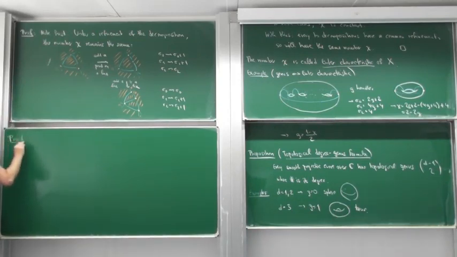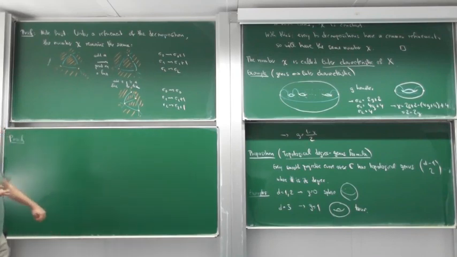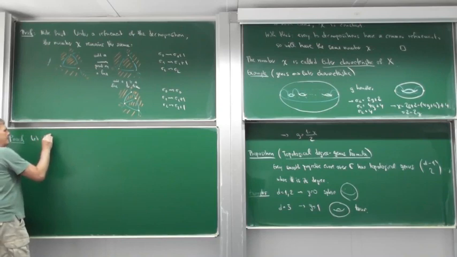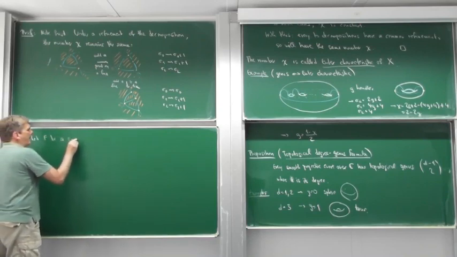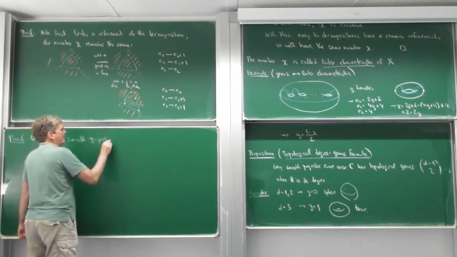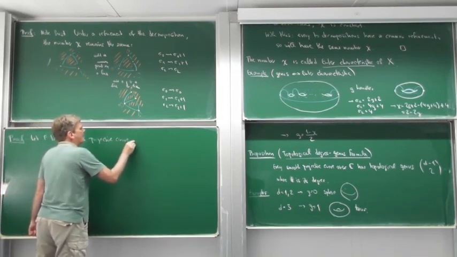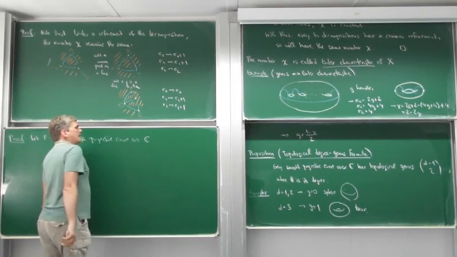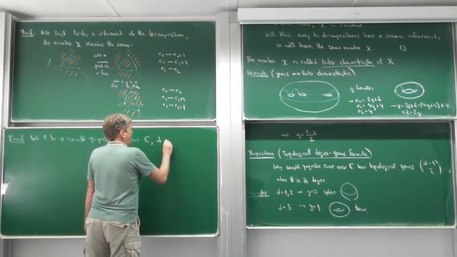Again, of course, a sketch proof, because it uses all that stuff from topology. So say let F be a projective curve over C. And say d, of course, is the degree.